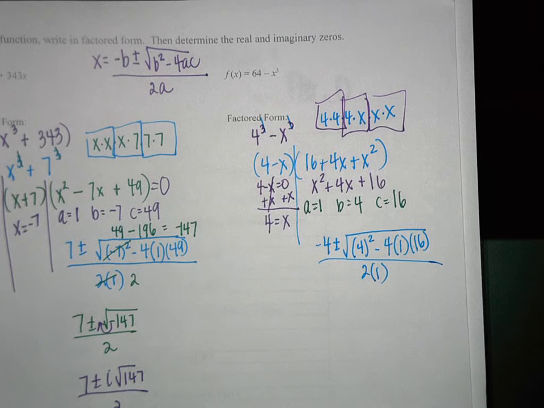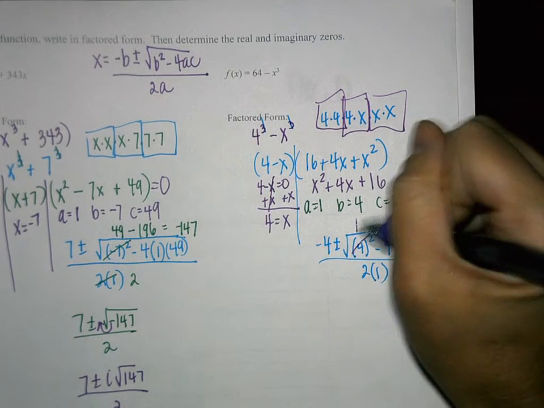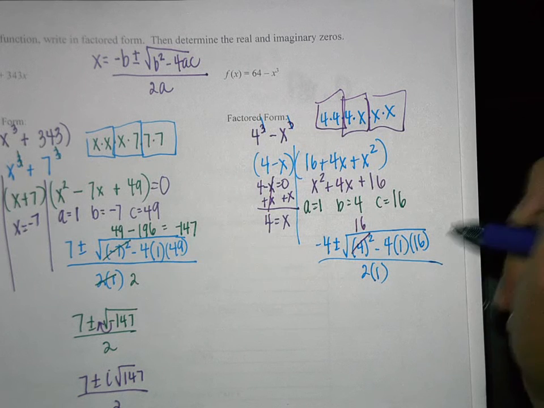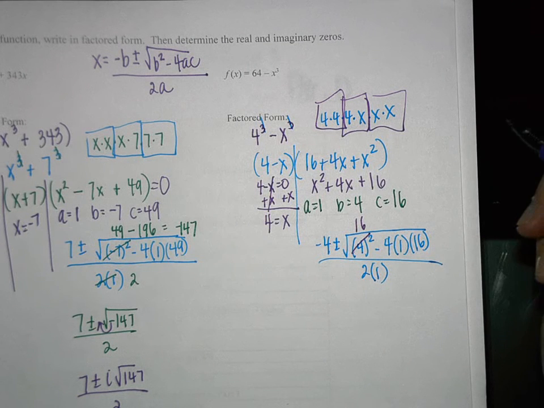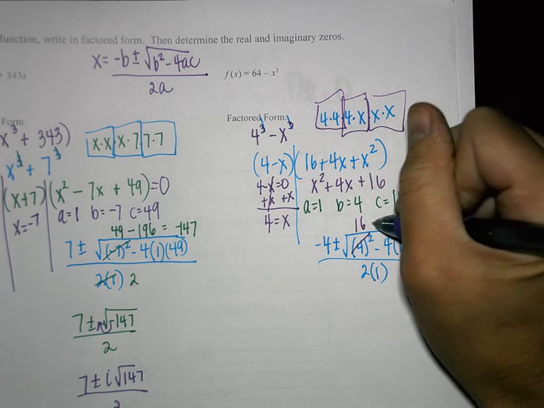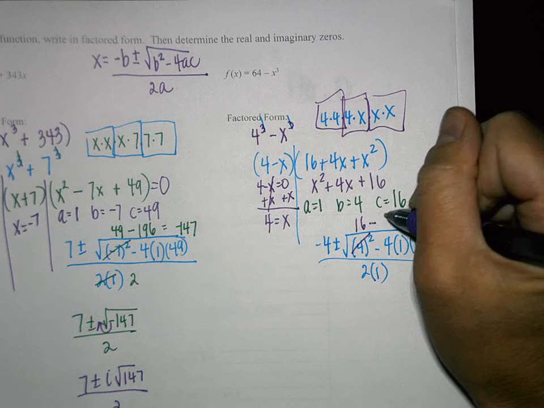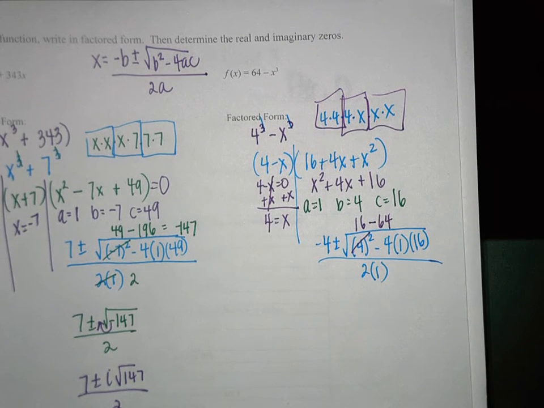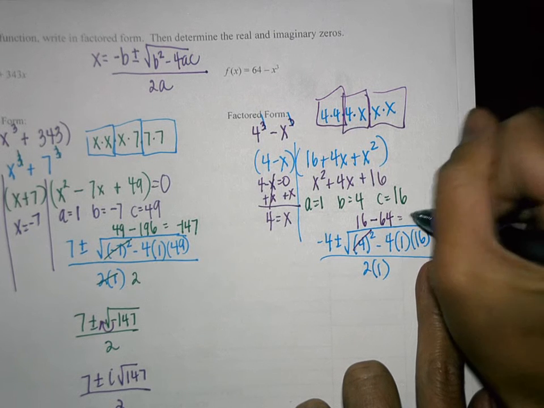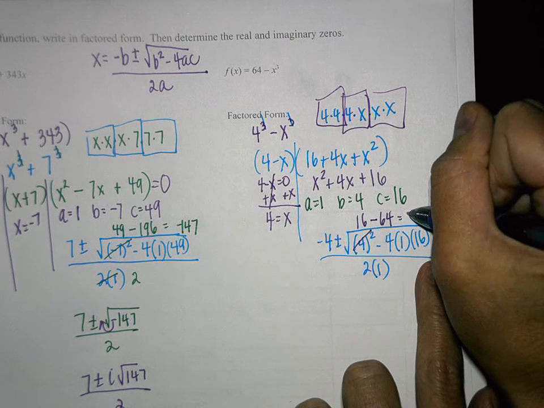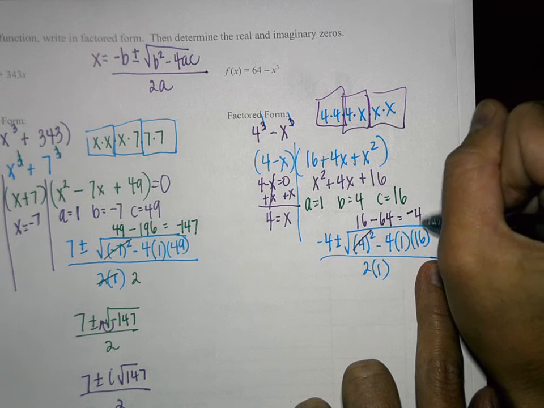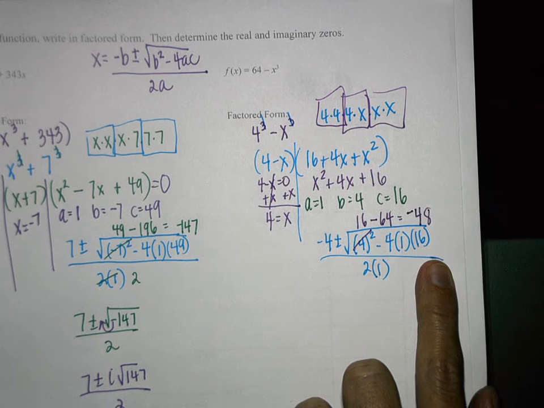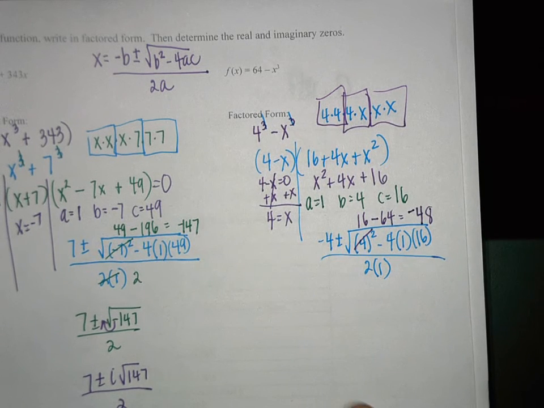What is 4 squared? Okay, and then 4 times 1 times 16 is? It's 64. Yeah, it is. Okay, and what is 16 minus 64? Negative 48. Some of you might want to use a calculator. Okay, and then 2 times 1 makes 2.